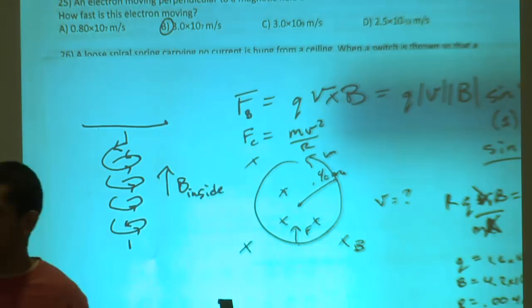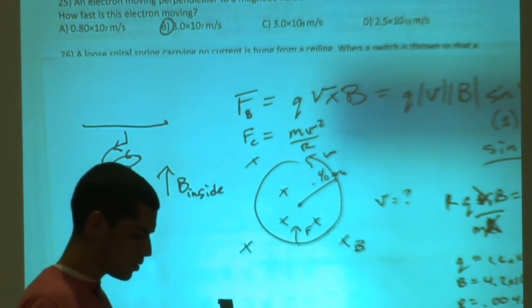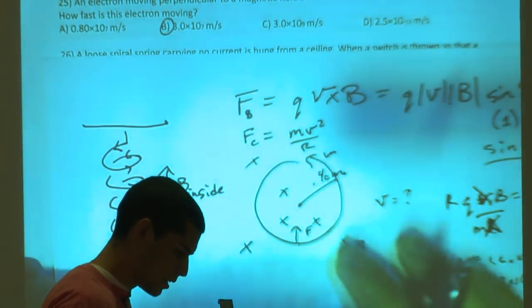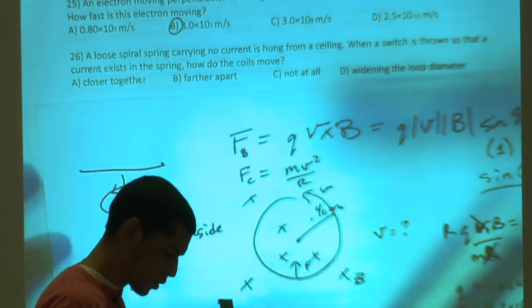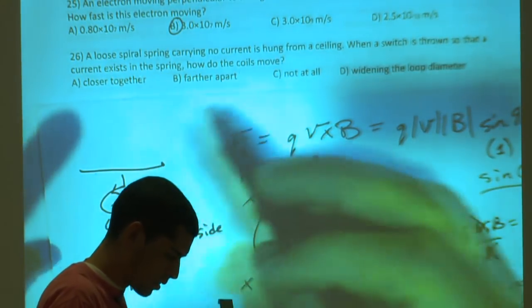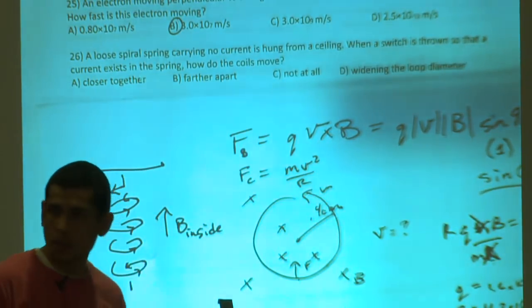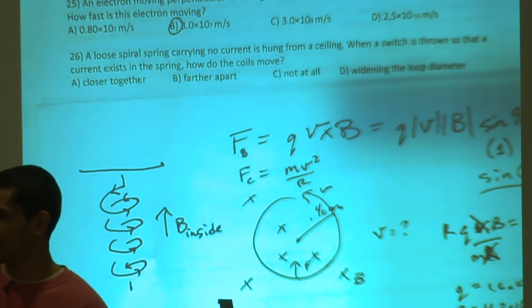Magnetic field outside will be the opposite direction, right? So if the magnetic field is up, will the coils get close to each other or farther? Why?